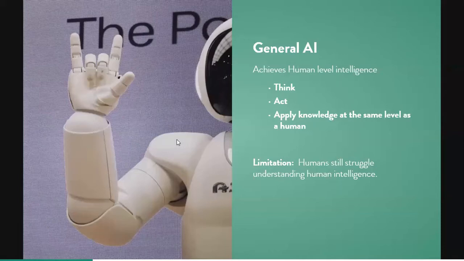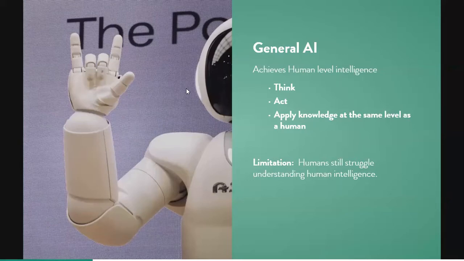General AI is like step two, yeah? AI 2.0, where we've gotten the technology to a human intelligence level, right? The machine, the computer is able to think like a human being, act like a human being, and apply knowledge at the same level as a human being, right? So we've made it to a level where it's essentially another artificial human being, right?